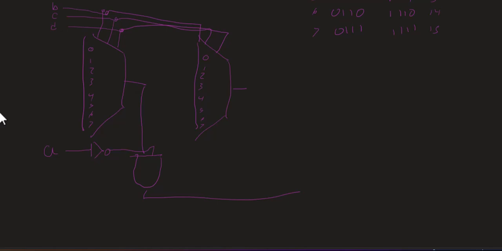If A is 0, then my output will correspond to whatever my input is on this first multiplexer. So if A is 0, it gets the value from this multiplexer, and if A is 1, it just gives you 0.